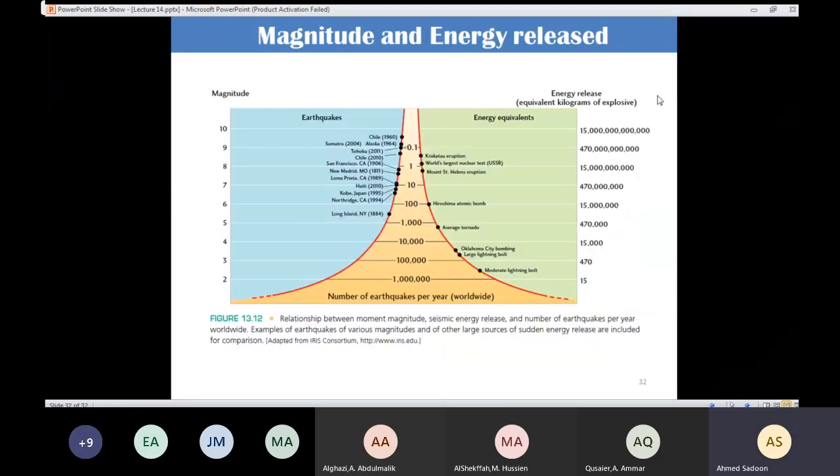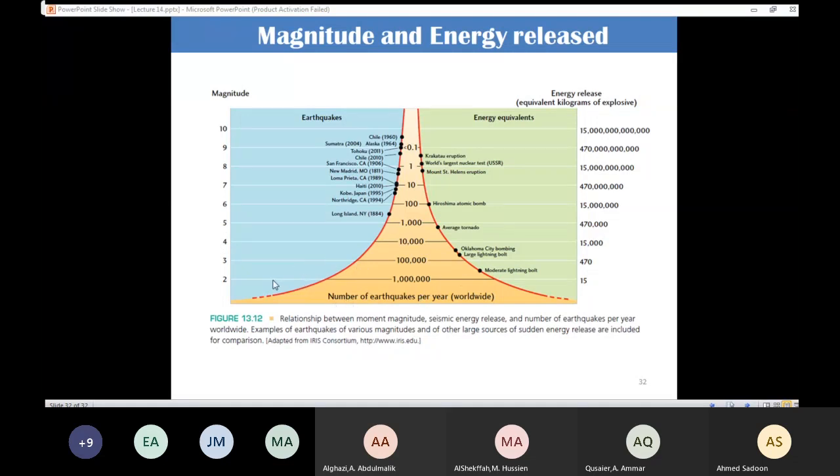Okay, here in the last figure, we can see the relation between the magnitude and the number of earthquakes per year. Relation with the energy release. So this one is a logarithmic scale, here we have 1, 2, 3, 4, 5, 6. Here we can see the number of earthquakes per year.